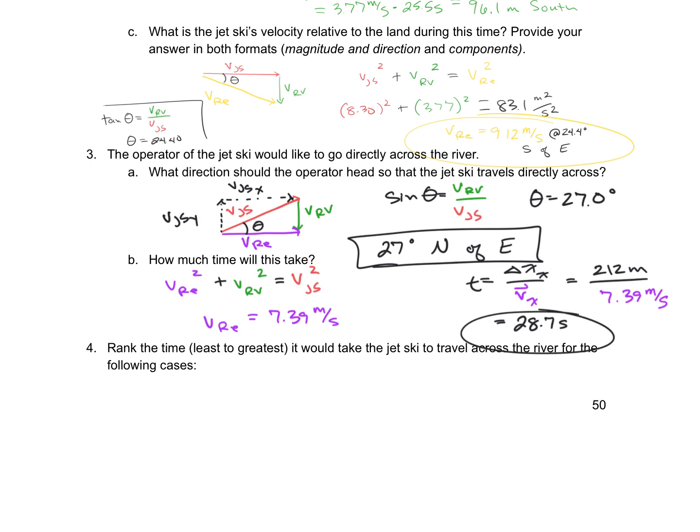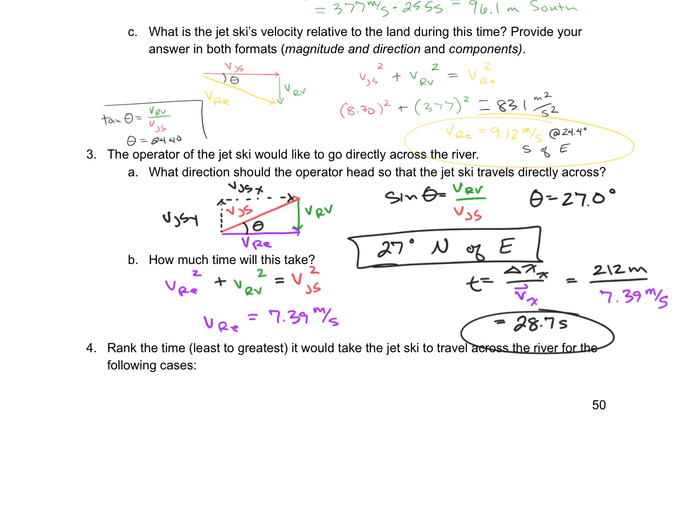And in that way, the resultant vector is actually less than the velocity of the jet ski by itself. You can see that the velocity of the jet ski becomes the hypotenuse, whereas in the problem before this, the velocity that resulted was the hypotenuse. So our resultant vector now is definitely going to be shorter than the velocity of the jet ski.